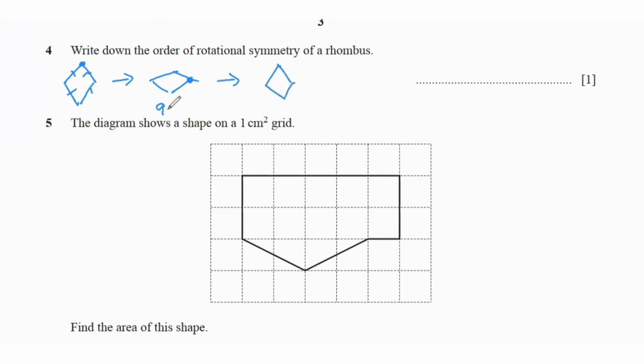Right now this is a 90-degree rotation. This over here is a 180-degree rotation. Then this is a 270. And lastly, this is a 360. As you can see, it regained its original shape 1 and 2 times. So the rotational order of symmetry is 2 for the rhombus.